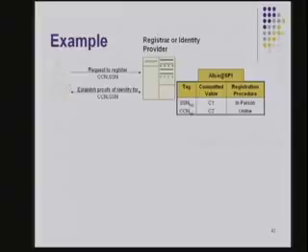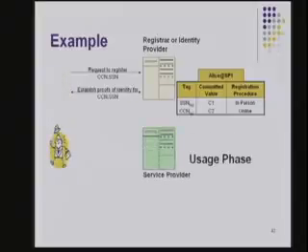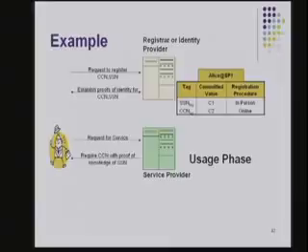Then, at the time of usage, you would have a service provider. When Bob requests a service, the service requires a credit card number, and to use a credit card number, one has to prove the knowledge of a social security number.